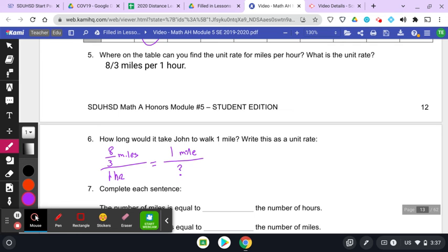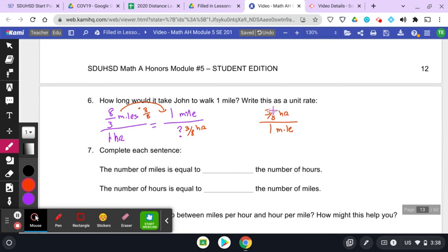Okay, well, we have to think. 8/3 times 3/8 would get me 1. So this would be 3/8 hours. Okay, if I want to write it as a unit rate, I need the miles on the bottom. So we would say that's 3/8 of an hour per 1 mile. Always labeling. You always have to label because then you know what unit is on your bottom.